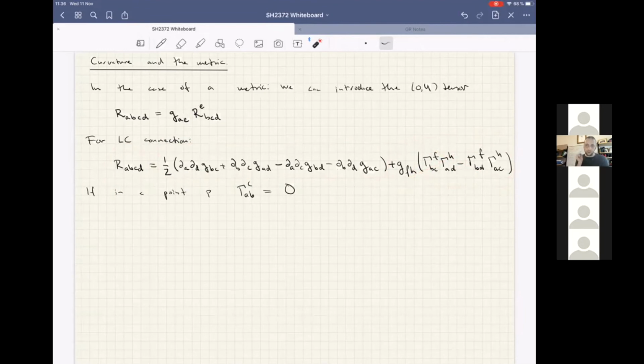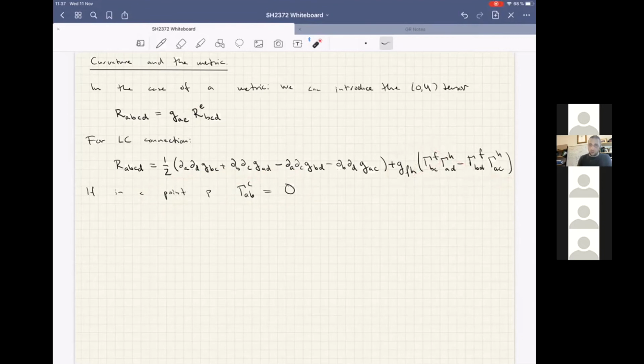This can be very useful when you need to make actual computations. And given a point P, it's always possible to find such a coordinate system, where the Christoffel symbols are 0.